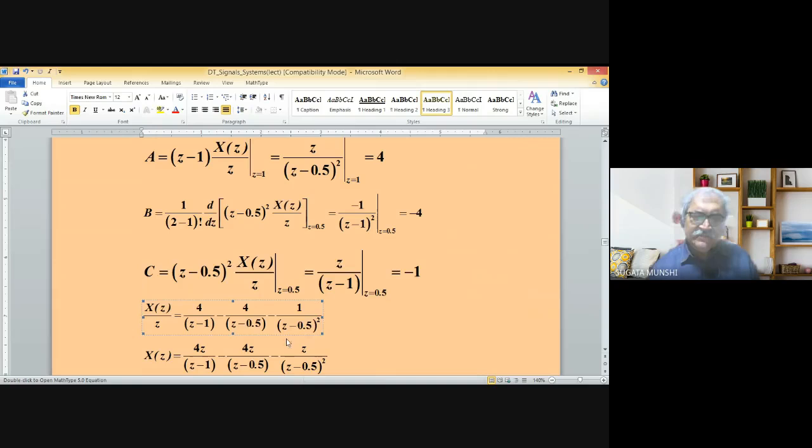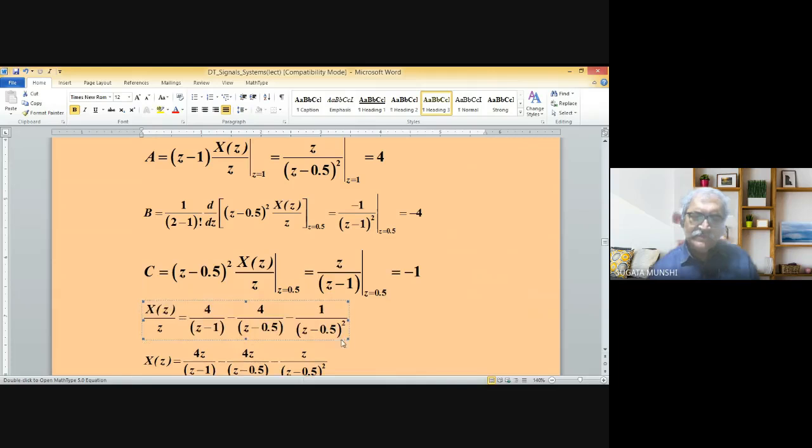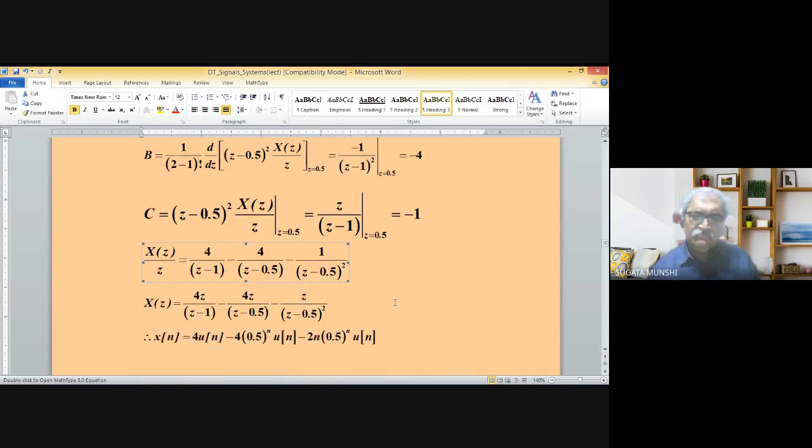So X(z) by z is as given. Cross multiply by z, and then use your knowledge of z transforms of standard sequences. On cross multiplying with z, you get this expression. The inverse z transform for the first term will be 4u(n).